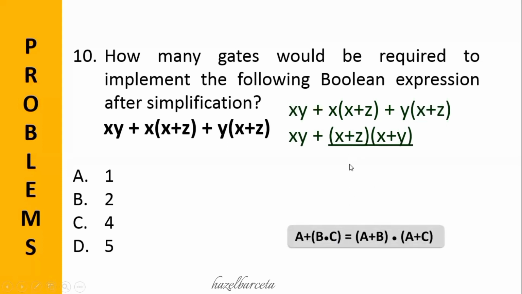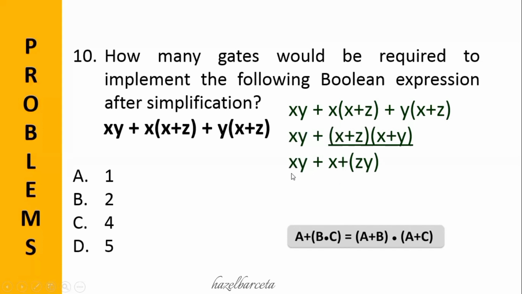So, A is X, B is Z, and C is Y. Therefore, i-rewrite po natin ito in this form. Copy XY plus then A is X times B is Z, C is Y. So this is it.